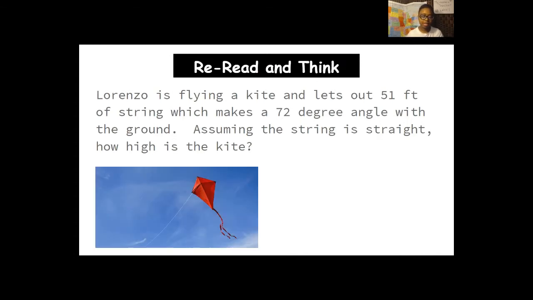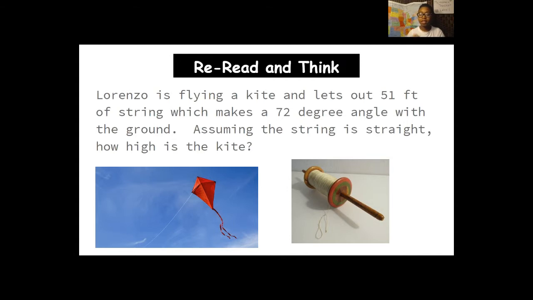A kite is a diamond-shaped item, usually made of cloth, and it has a string that connects to the person who's holding it. There's a spool of string, so the string is being wound up, and the person who's holding the kite will unravel the string from the kite and let it out. That's what lets out means.